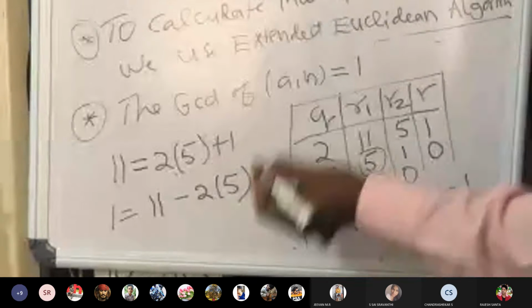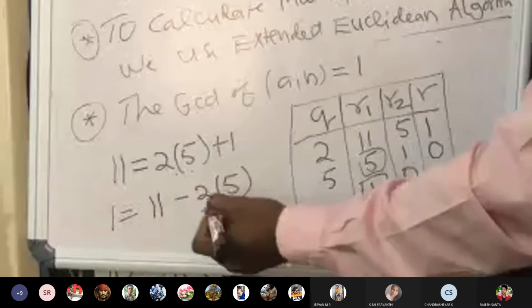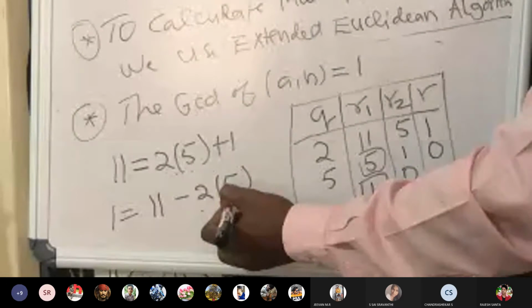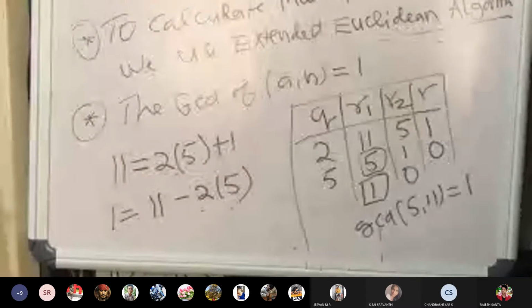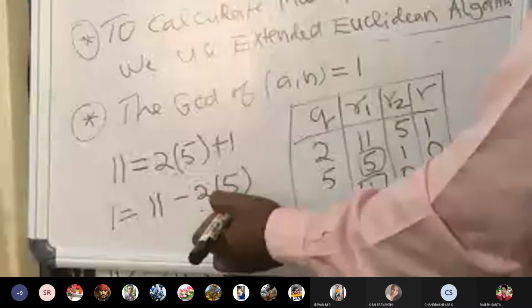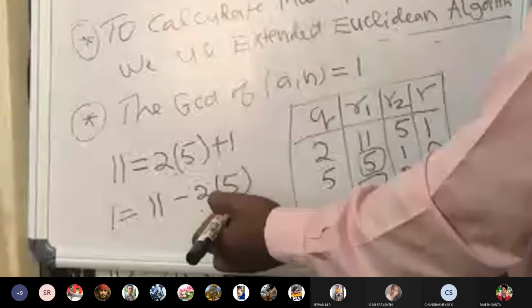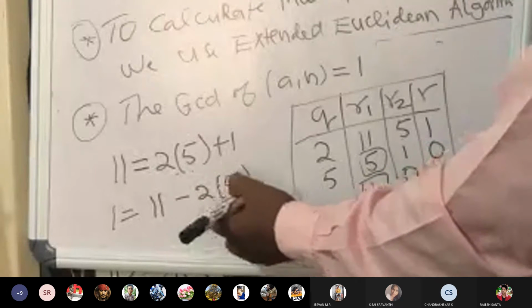Now, if you take minus 2 into 5 mod 11, it is going to give us 1, correct? Are you getting what I'm saying? Minus 2 into 5 mod 11, the residue is going to be 1.